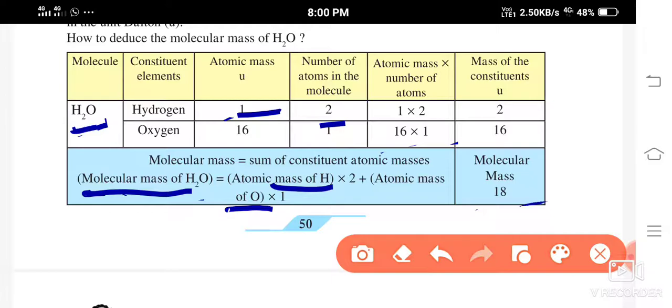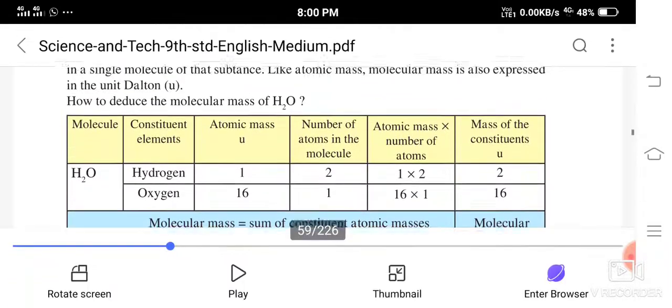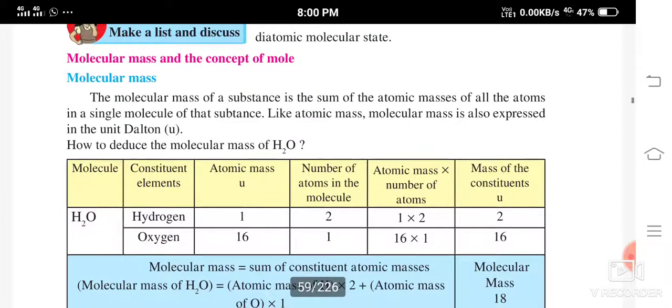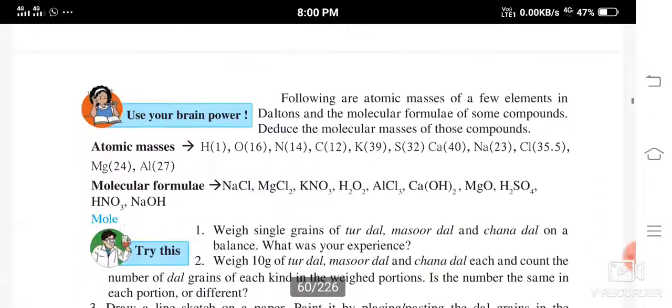So 2 into 1, plus the atomic mass of oxygen, which is 16, atoms 1. So 16 ones are 16. So it is going to be 2 plus 16, that is 18. Once again let me tell you, the molecular mass of a substance is the sum of the atomic masses of all the atoms in a single molecule of that substance. Now I think you will understand this by seeing this table, isn't it?